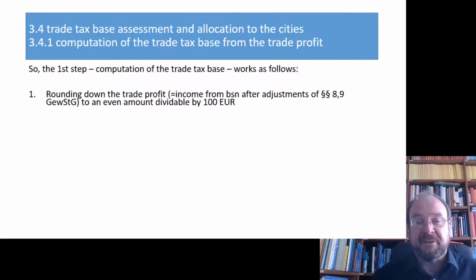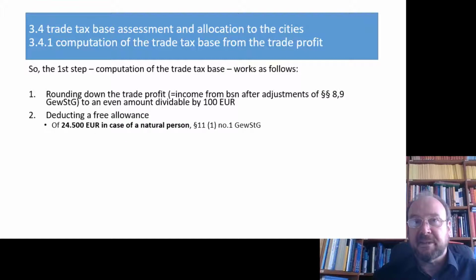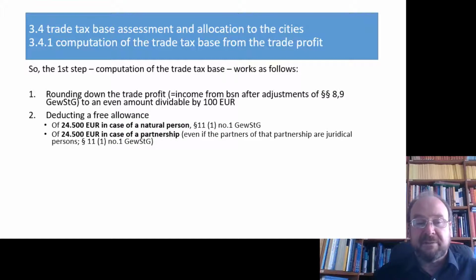You round down the trade profit to an amount divisible by 100 euro. You deduct a free allowance in case of a natural person. You deduct a free allowance in case of a partnership, and it is clearly said that in case of a partnership you deduct that free allowance.